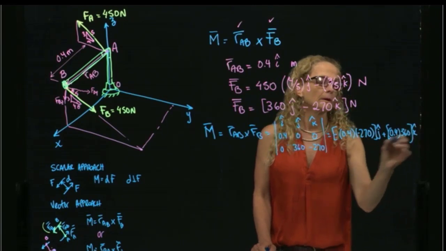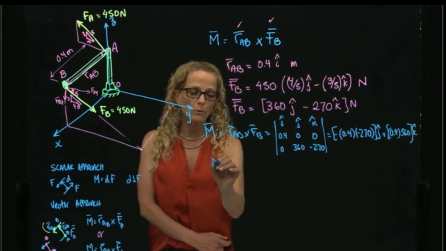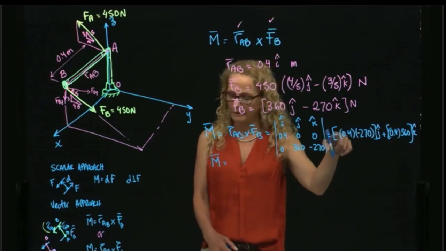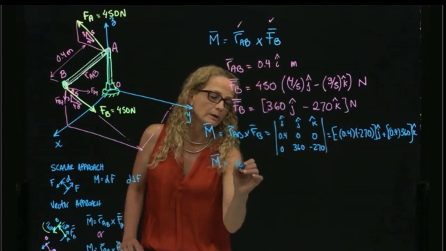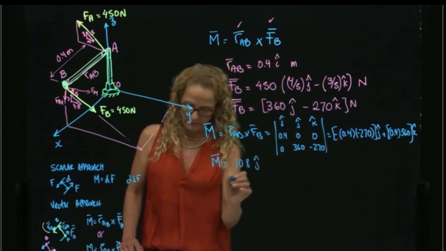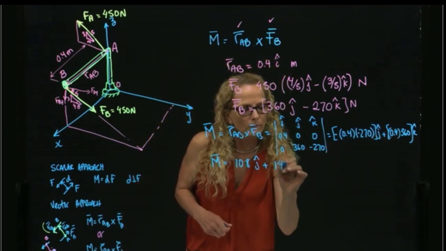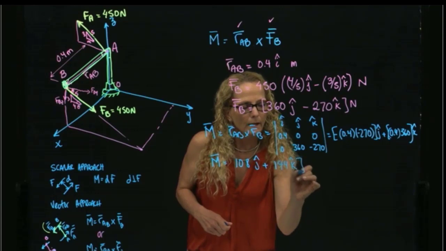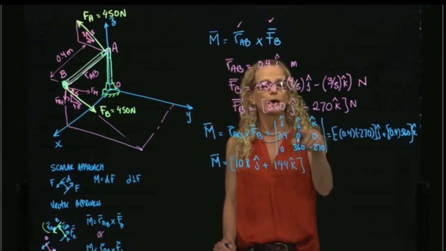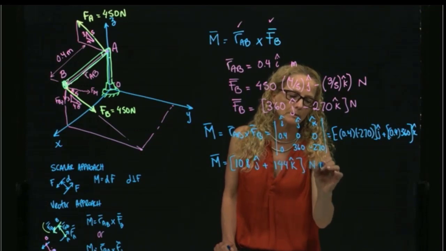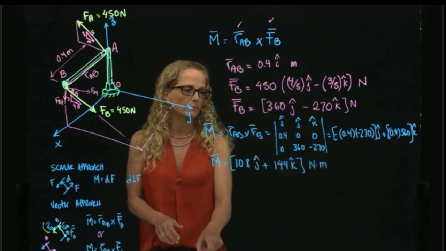Finally, my moment as a vector will be equal to 108 in J, which is a positive number, and 144 in K, also positive. The units, remember, are distance times force, which are newtons times meters. And this is the result.